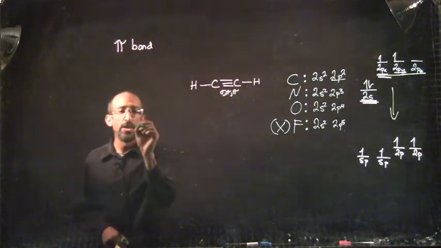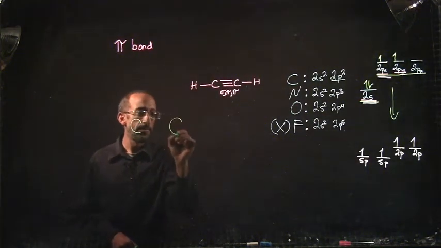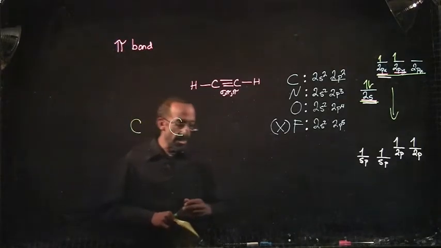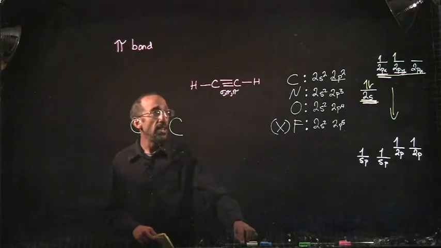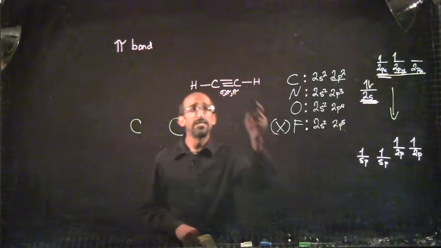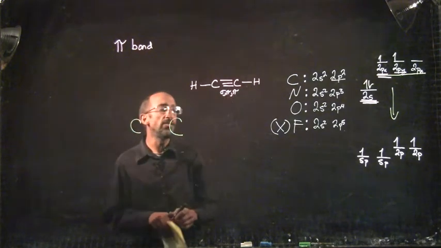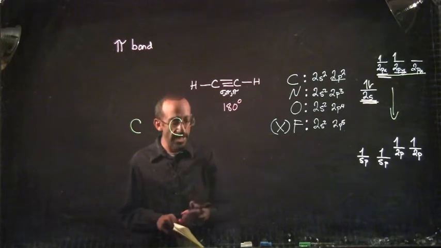So I'm going to start again with my two carbon atoms. And I'm going to put in my hybrid orbitals first. So our hybrid orbital situation needs to match our bond angles. So we know here we need to have 180-degree bond angles.